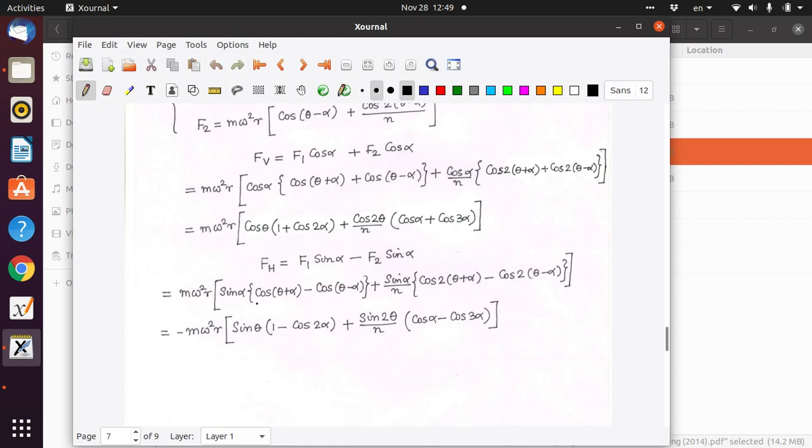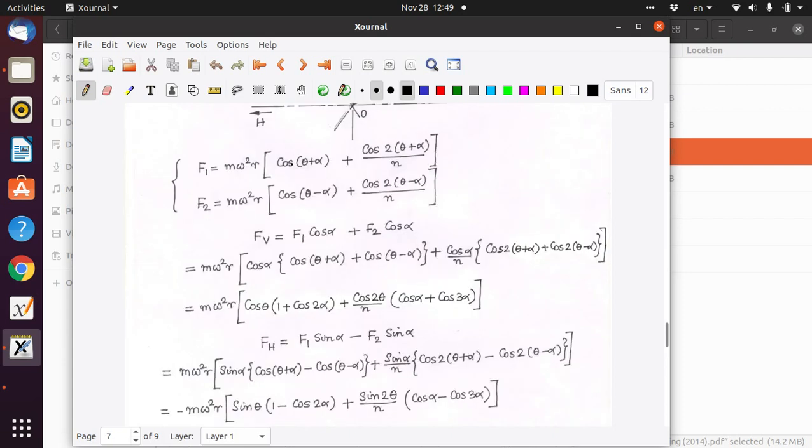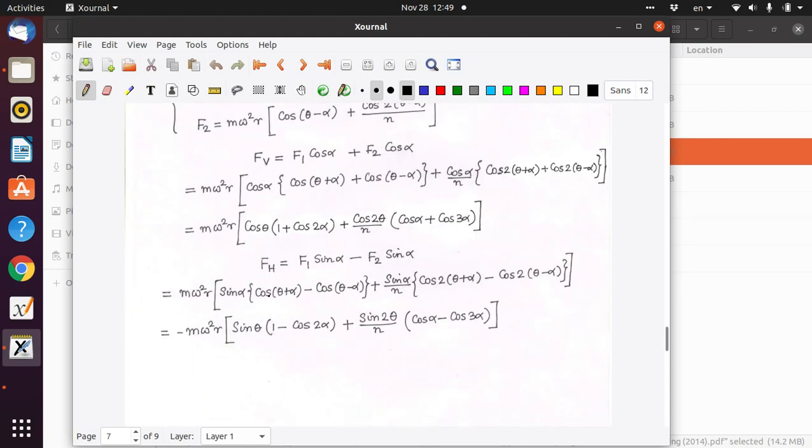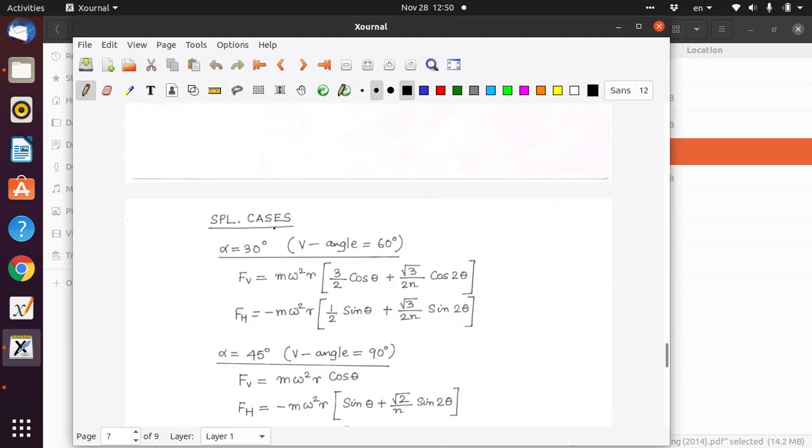So sin alpha into F1, and sin alpha into F2. This is the resulting expression, and if you expand this, then you get this. So this is the force along the vertical direction, and this is the unbalanced force along the horizontal direction. So there are some special cases.